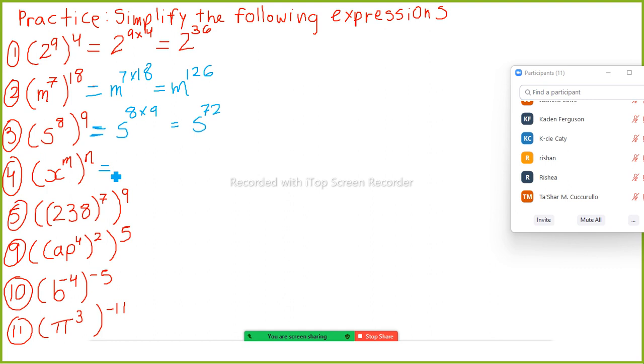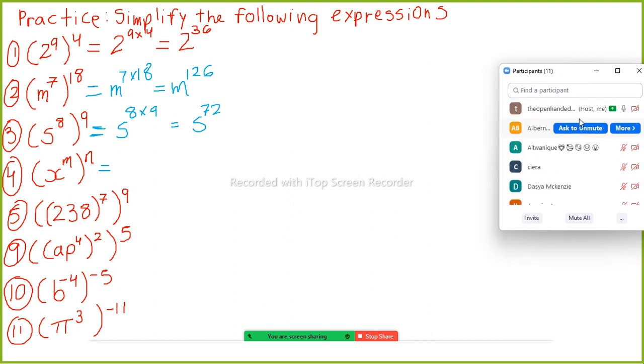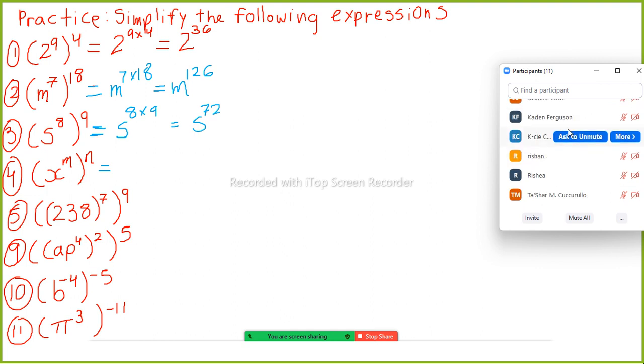Next one goes to Caden. Caden, what do we get for number 4? Number 4, we have x to the power of m all raised to the power of n. Caden Ferguson, what do we get for that? Caden, are you well? I'm not hearing from Caden. I really want to hear from Caden. Alright.